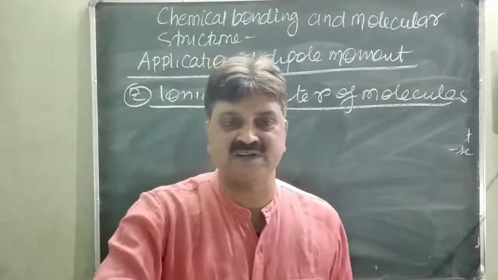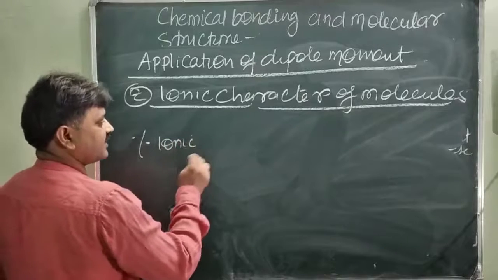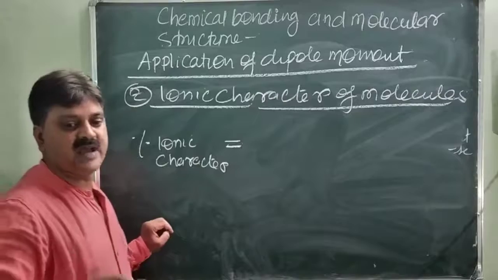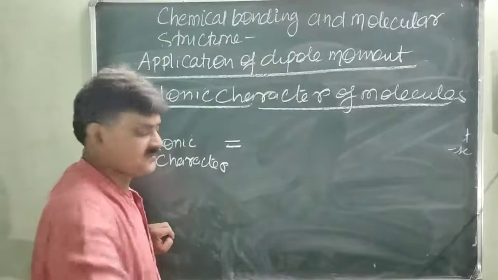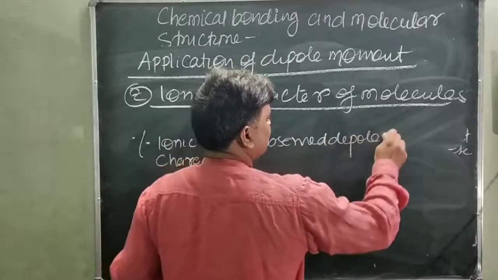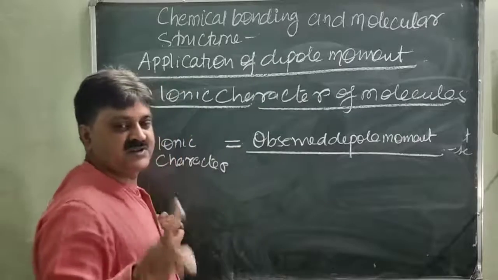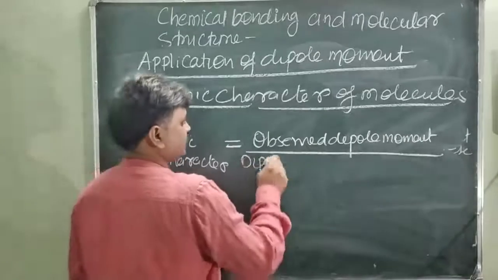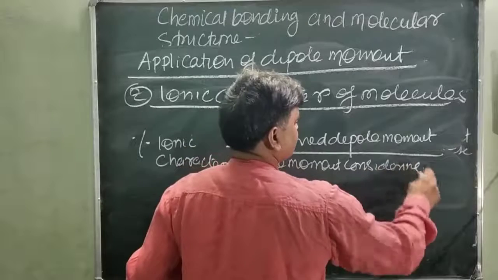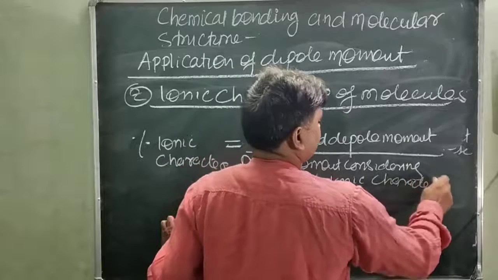So how do you express the percentage ionic character of molecules? Percentage ionic character is equal to the observed dipole moment upon the dipole moment considering 100% ionic character, into 100.